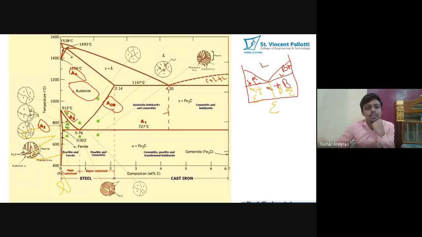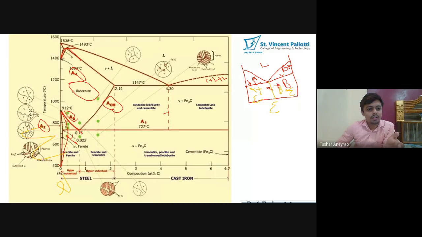After A4, this line, right? After A4, we are going to get what? Austenite. Let us consider A3. After A3, you are going to get alpha ferrite, right?